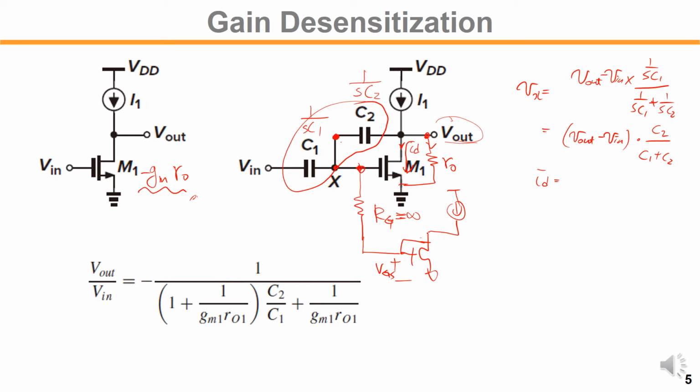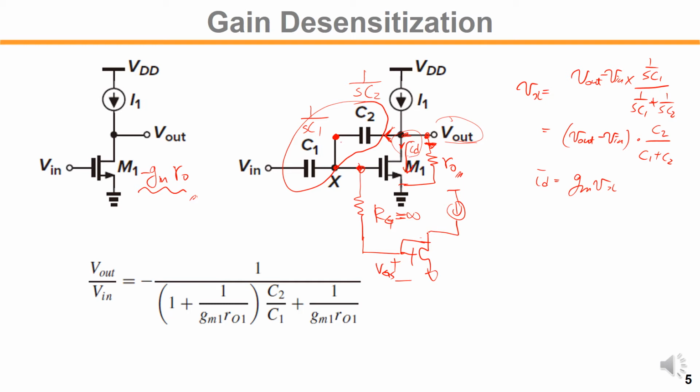It would be GM times Vx. So we know the current on the output node, the current through the RO here, the current through the transistor here, and the current through the feedback there. It looks quite complicated initially.